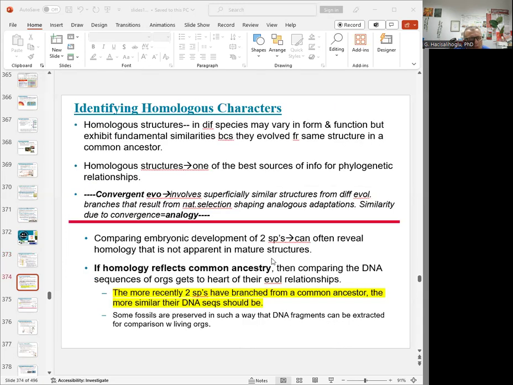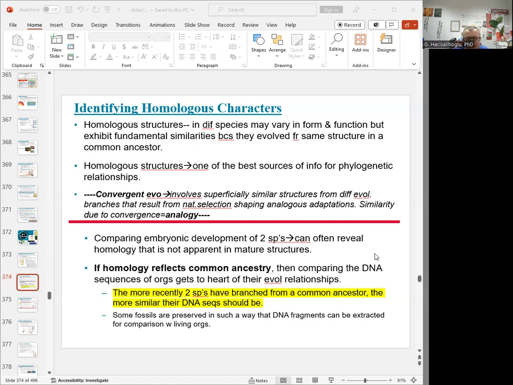Homologous characters are structures that may not look like each other anymore. They come from divergent evolution: they have a common ancestor, but they diverged. The similarity is inherited from a common ancestor, but they don't necessarily look like each other, like the finches of Galapagos.